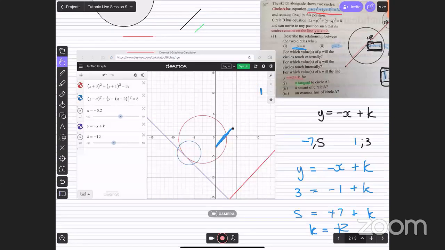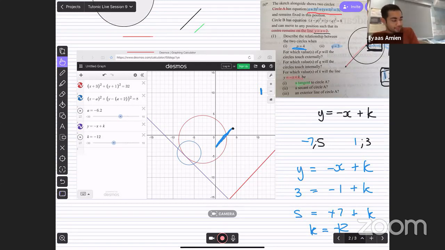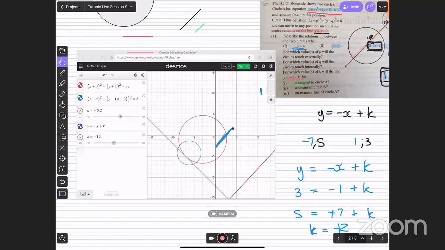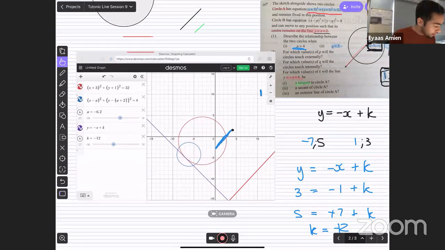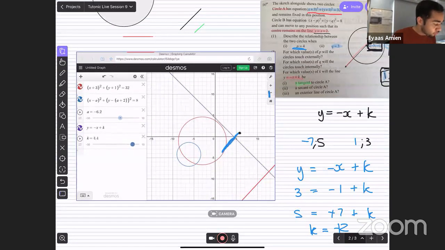Would it be an inequality? Yes. So then it would be between the 4 and -12. Yes, because do you see here that when k is 4, it's a tangent. When k is -12, it's a tangent.